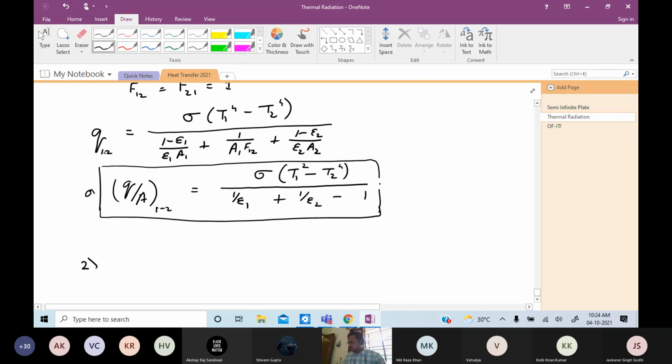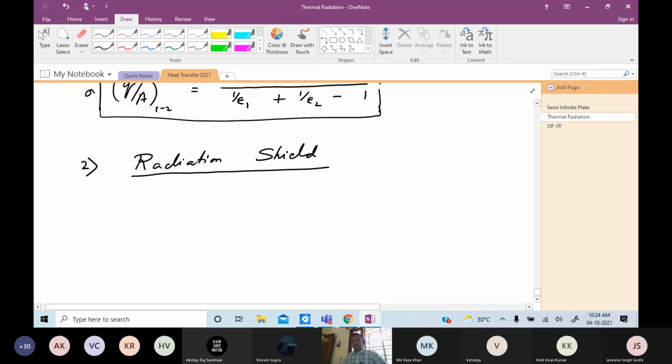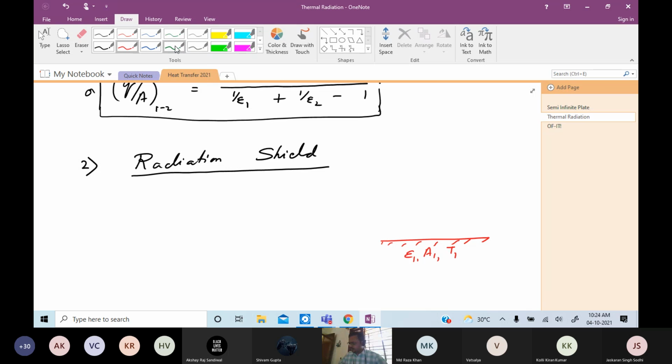Number 2. Radiation shield. Let's do that. Epsilon 1, A1, T1.